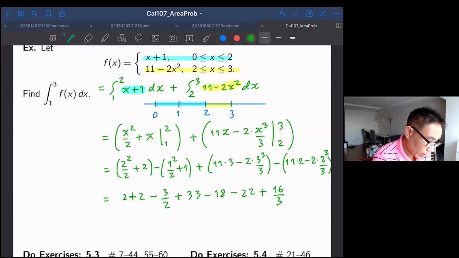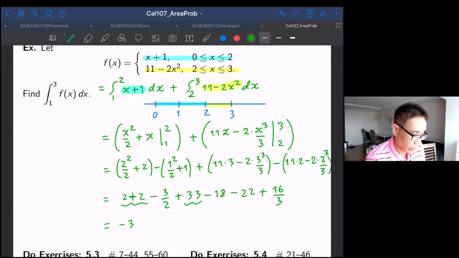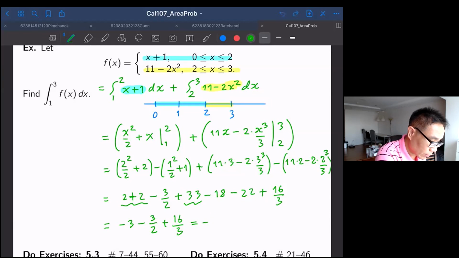So you see that this one combined together, you would get 37 minus 40, so you get negative 3, minus 3 over 2 plus 16 over 3. So you get this number, and you find the LCM, which is 6, so you get negative 18.